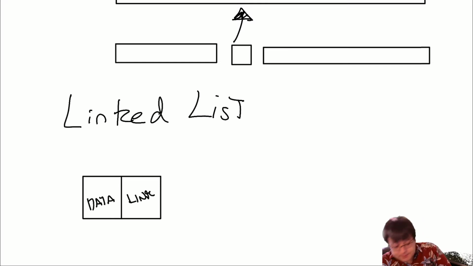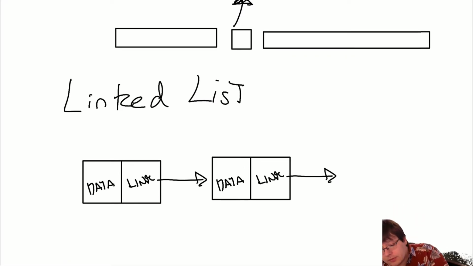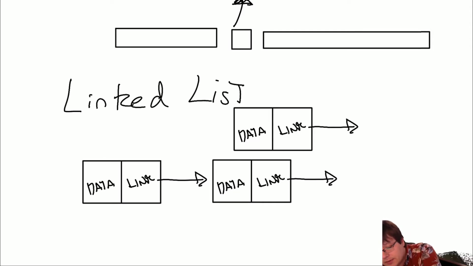Could be anything. The link component is a connection to another node, like that. And that other link component could be a connection to another node. And as you can see now, we're starting to create this sort of chain that is linked together.